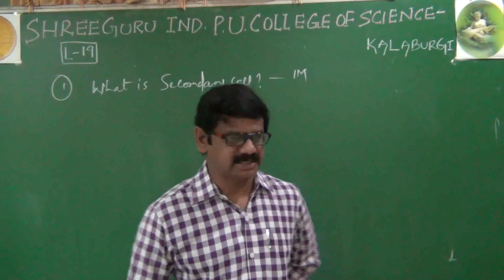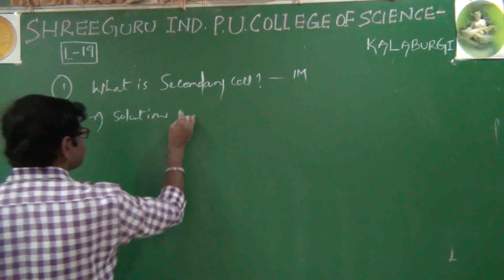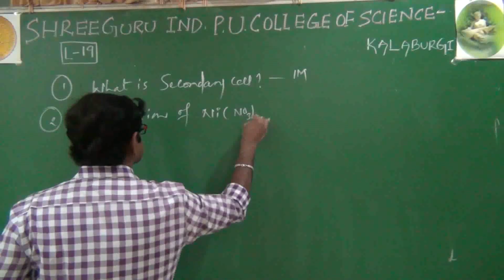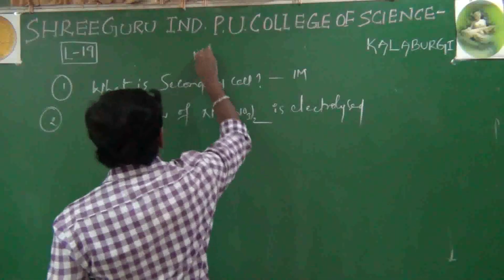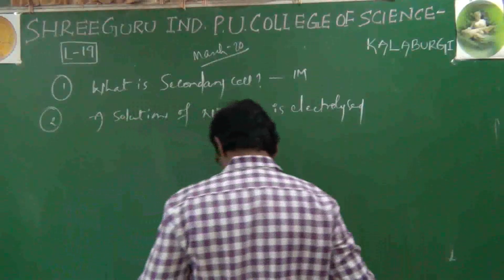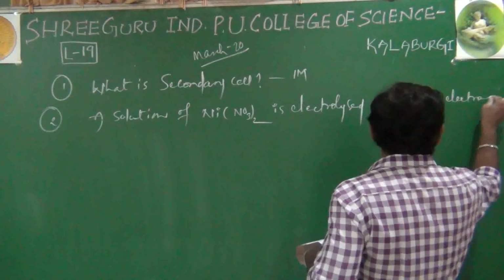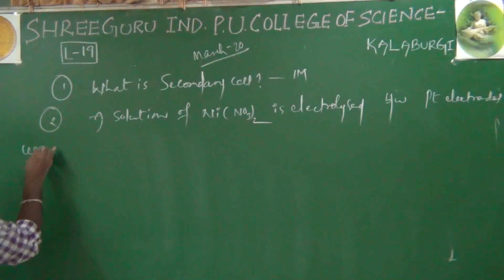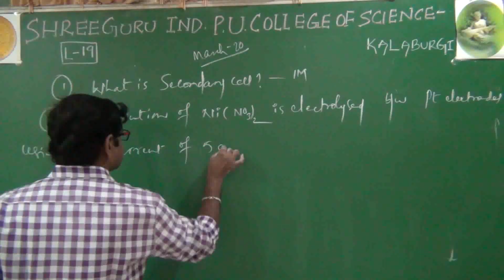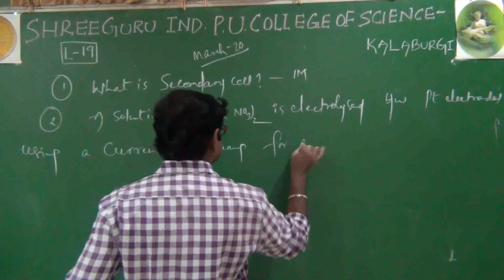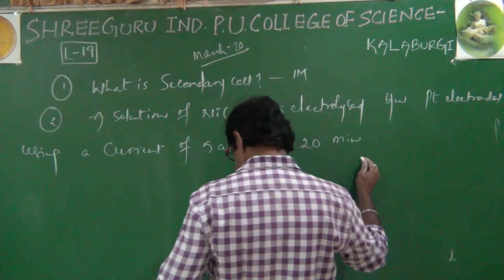Enough? Okay? Right. Next question is: a solution of nickel nitrate is electrolyzed between platinum electrodes using a current of 5 amperes for 20 minutes.